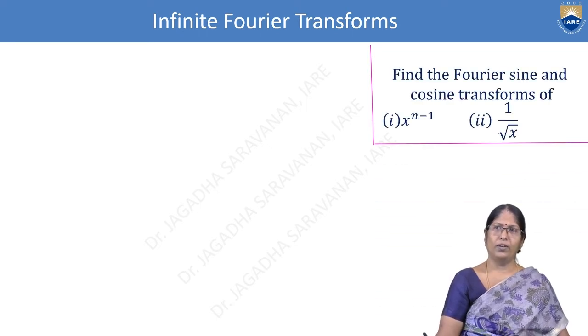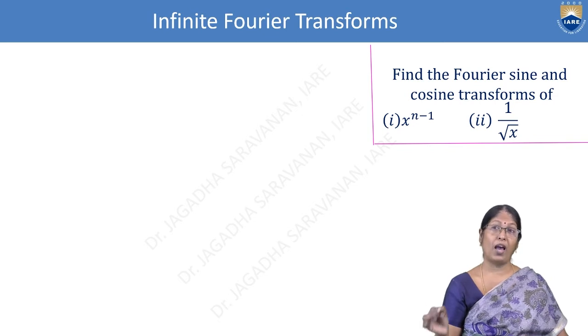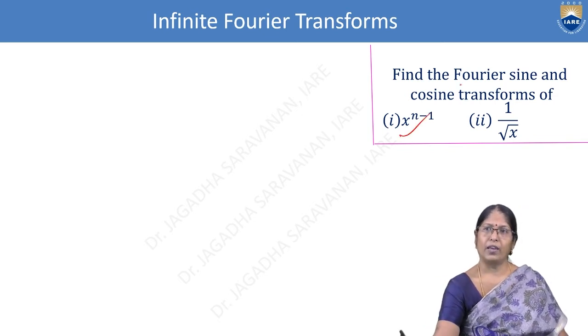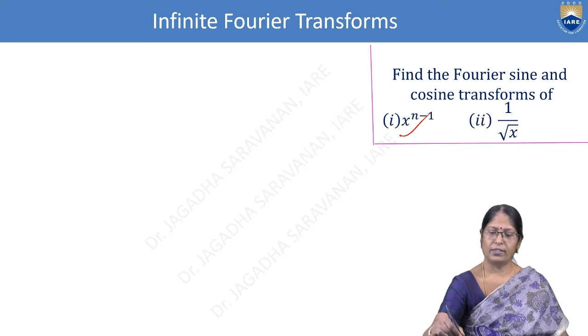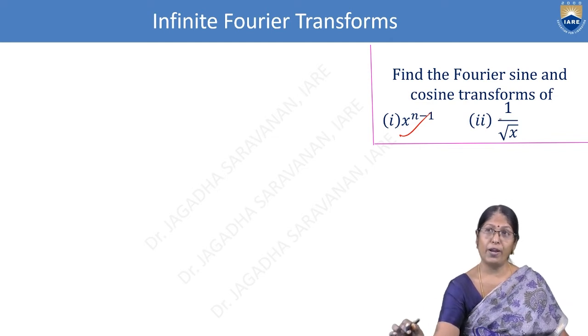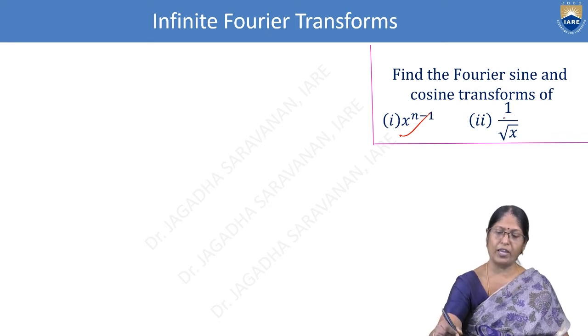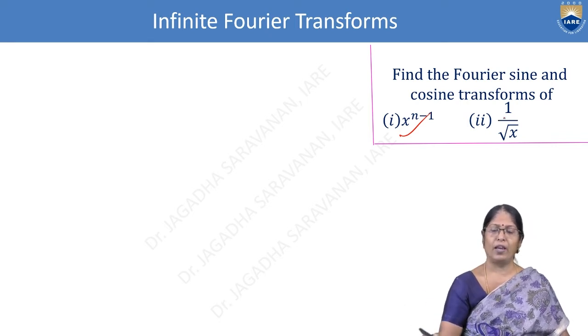So now, the first problem, we have two divisions. The first one is f of x equal to x power n minus 1, which we solved. The second one is 1 by root x. One way is to apply the Fourier sine transform formula with f of x equal to 1 by root x.